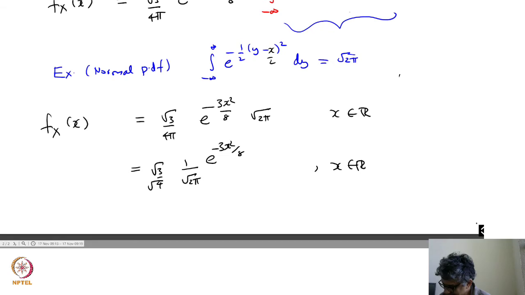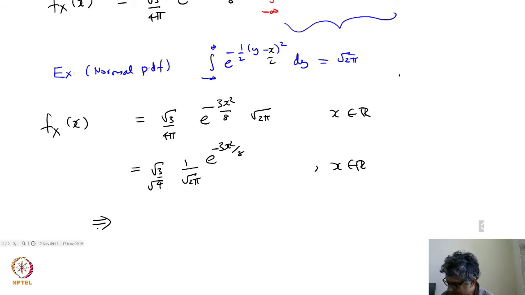So if you observe a little bit, then what's happening now? If you think a little bit, what is x distributed as? It looks like a normal random variable, right? And the mean is 0, and the variance is 4 by 3. That's what exact normal is, from facts about normal density.